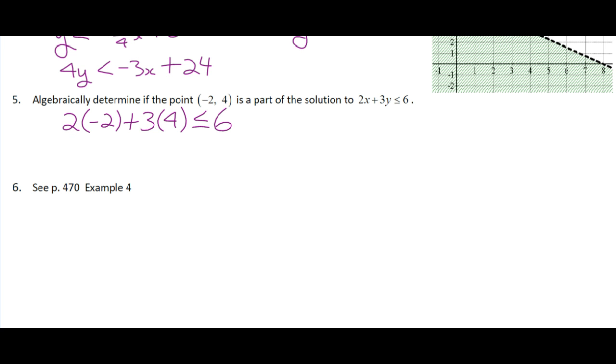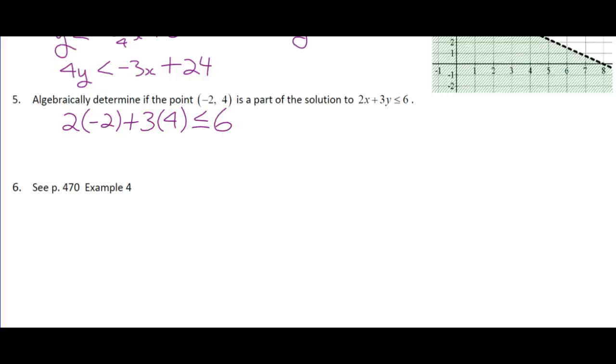Now in the end, which you're going to work out, so go ahead and do this, you're going to come up with a statement that's either true or false. So figure it out. Come up with an answer. Your choices are true or false. Or yes or no. False.